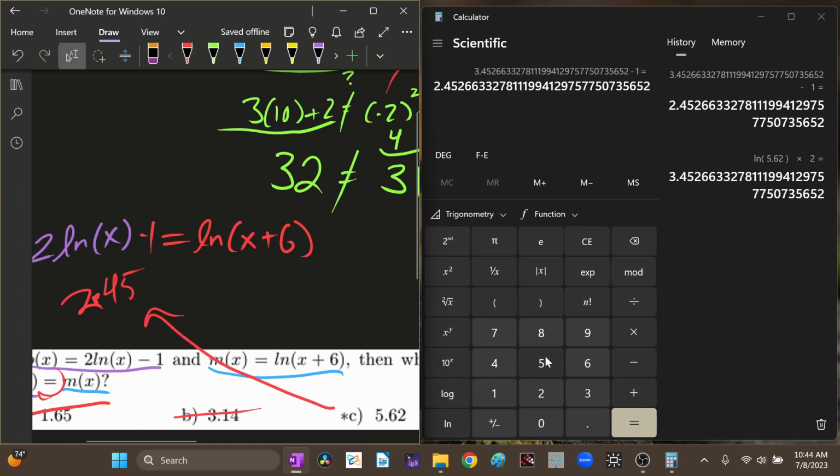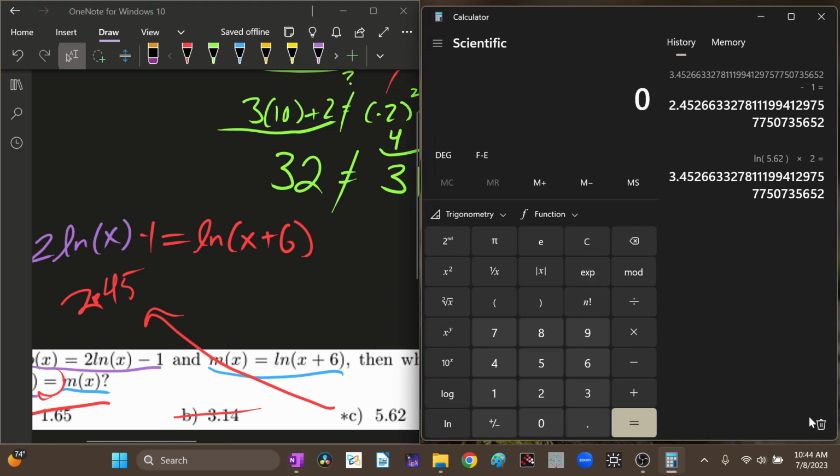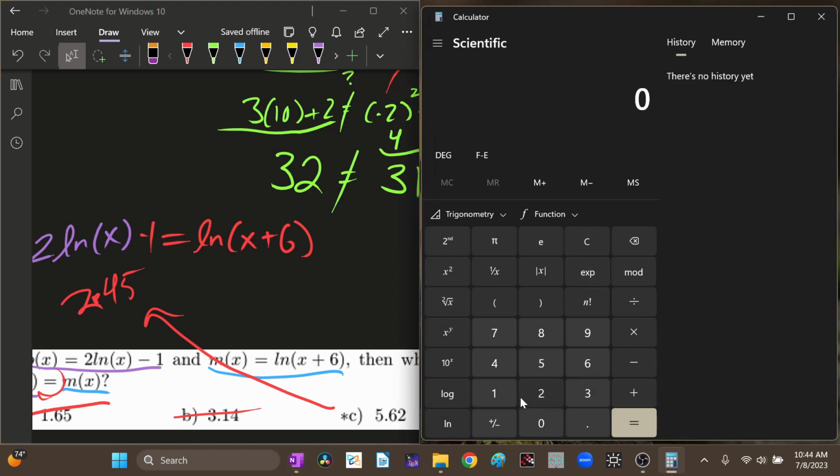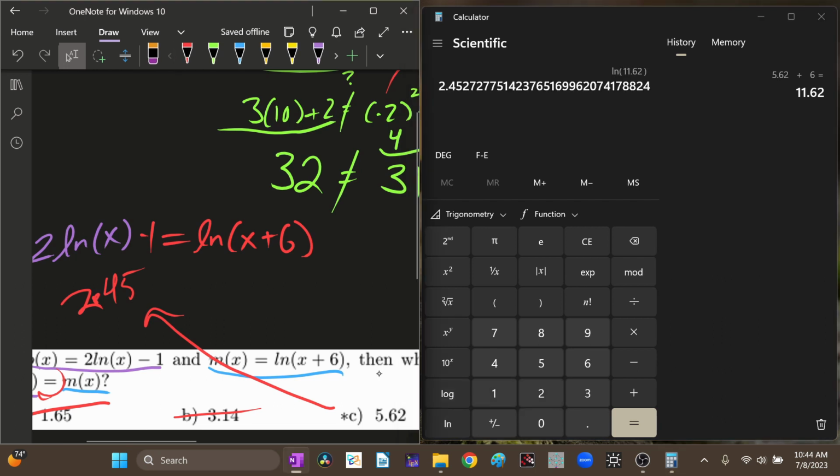And what happens if we use the other one? So we would have our 5.62, we would add 6 to it, and whatever that answer is, we would then take ln, and we get this same 2.45-ish.